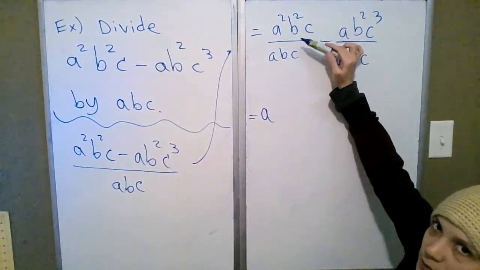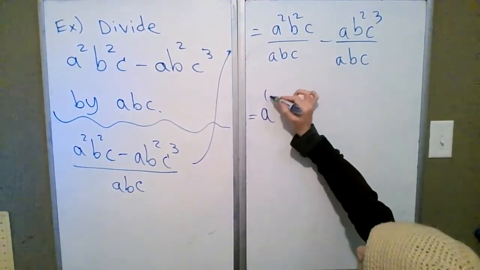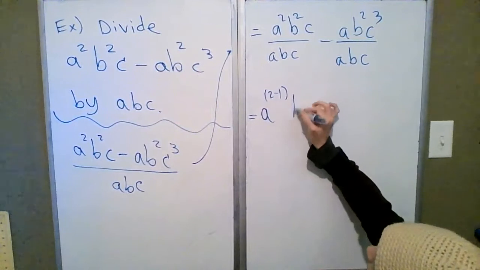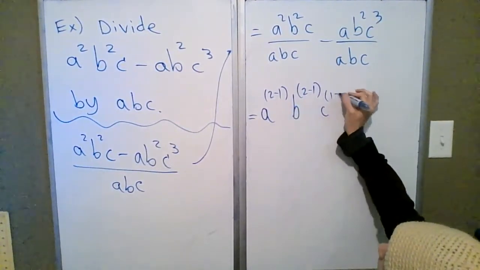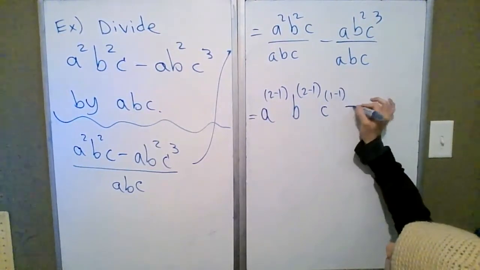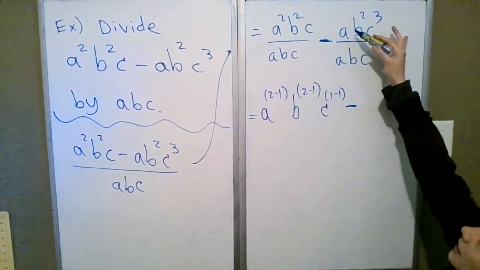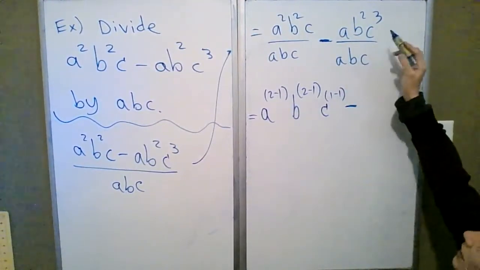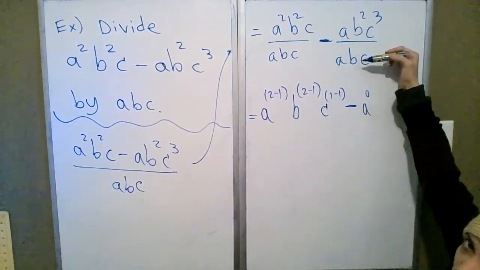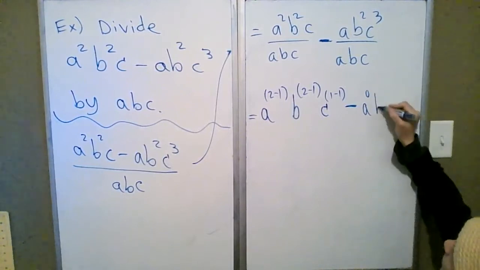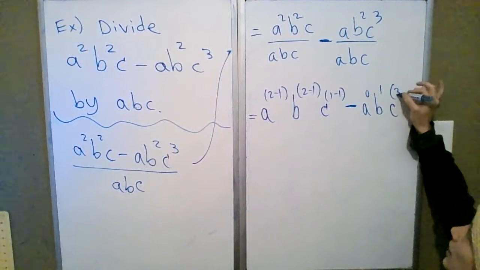This b has a power of 2 minus 1, and c has 1 minus 1. Then just copying this down, a has a power of 1 minus 1, b has a power of 2 minus 1, which is 1, and c has a power of 3 minus 1.